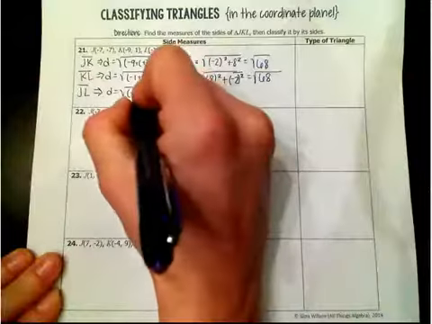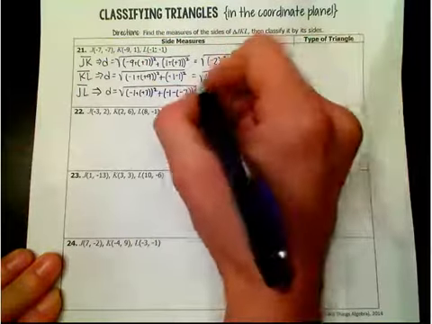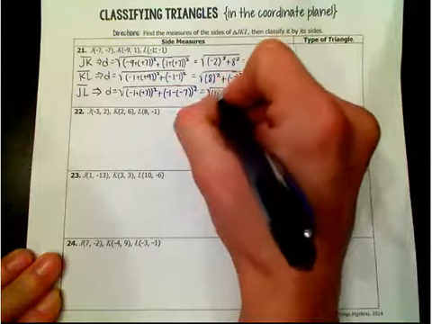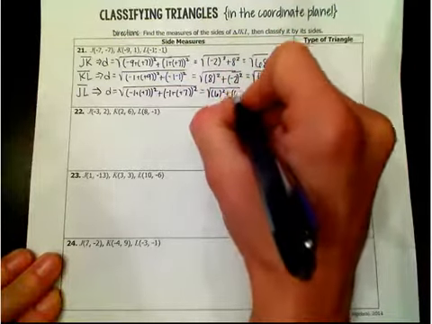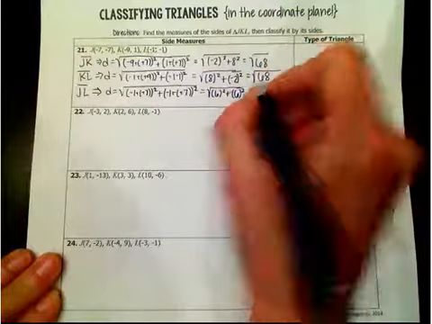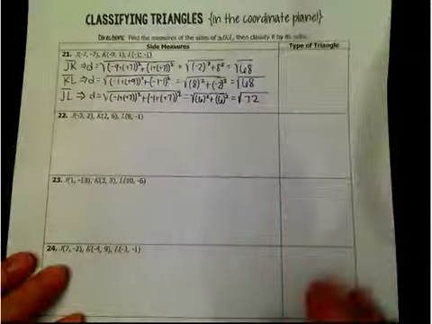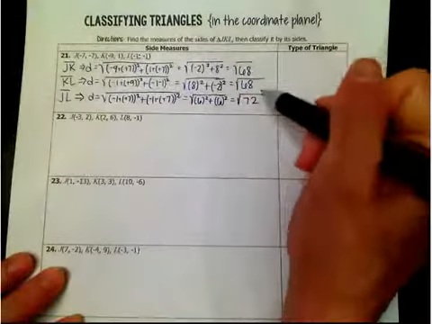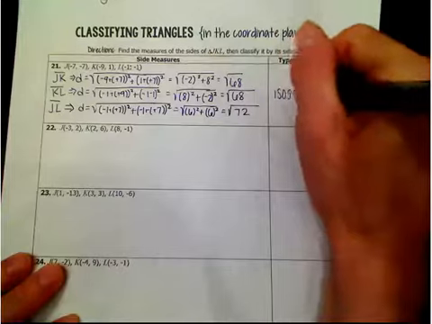Okay, this is plus positive. This is going to be the square root of 6 squared plus, same thing, 6 squared. That is the square root of 36 plus 36, which is 72. So I see that only 2 of these sides are congruent, so this is isosceles.